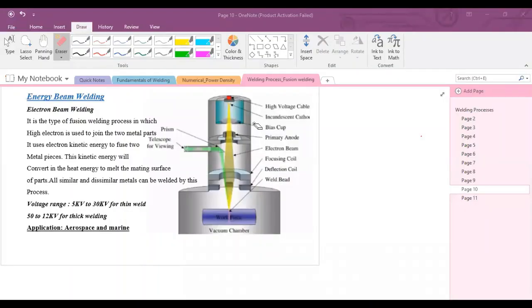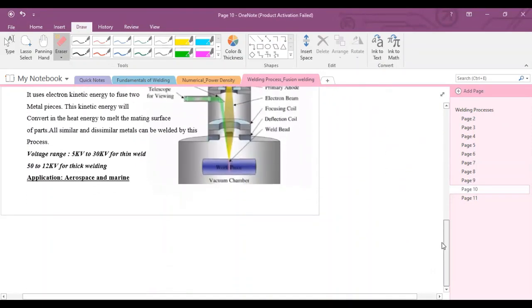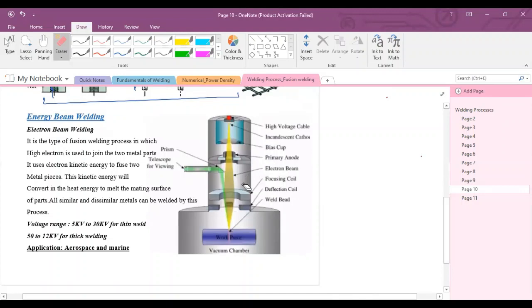After studying resistance welding and its types, we will study energy beam welding. Energy beam welding has two types: electron beam welding and plasma beam welding. Electron beam welding is a type of fusion welding in which a high energy electron beam is used to weld the parts.